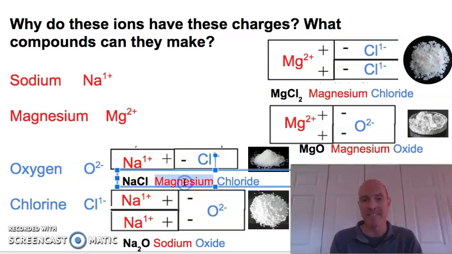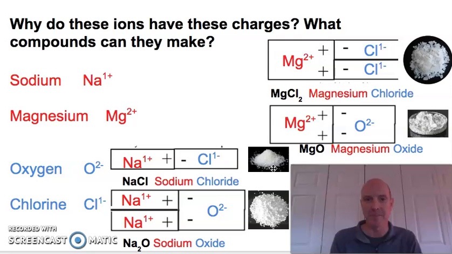Oops, that's supposed to say sodium chloride. And that's what it looks like, a white powder. Crystal, white crystal. Sodium can also react with oxygen, but oxygen's got 2 minus charges. And so in order to balance that out, since sodium only has +1, you need 2 of those.